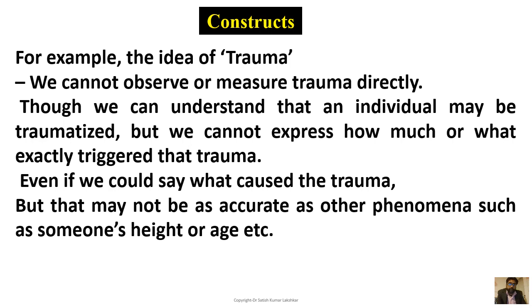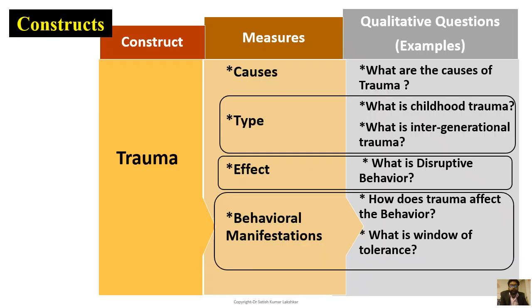Now we'll talk about the relationship of construct and variable using the idea of trauma. On your screen you can see an infographic. In the first column you can see the construct is trauma. How will we measure this? It could be measured with the help of cause, type, effect, or behavioral manifestations.